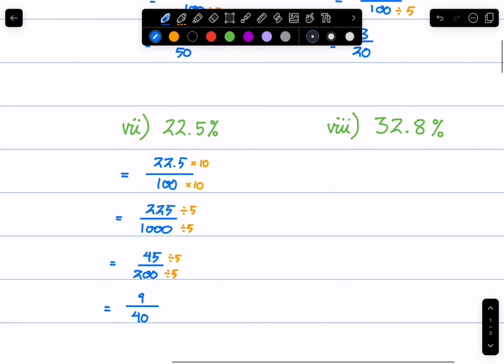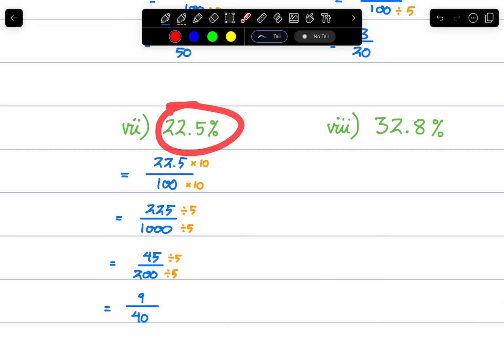And so 22.5% as a fraction is 9 over 40. This one's one of the harder ones that we have. But as you can see, it still is doable using the same methods.